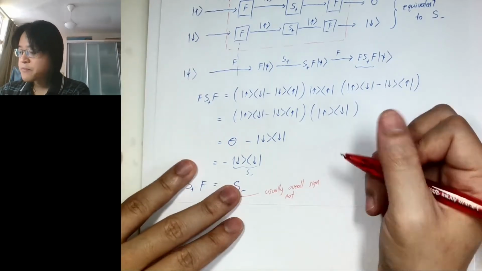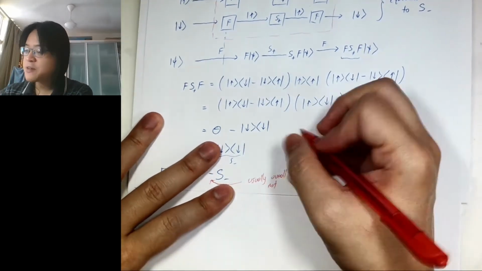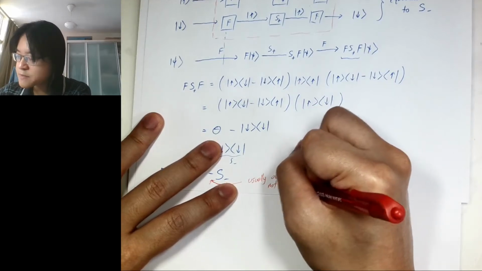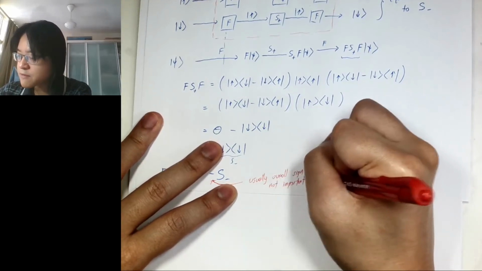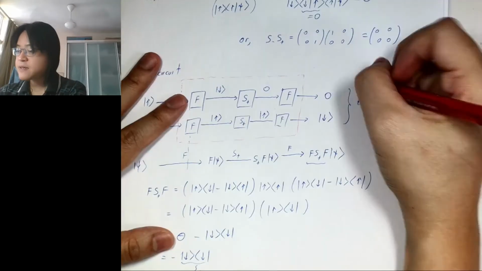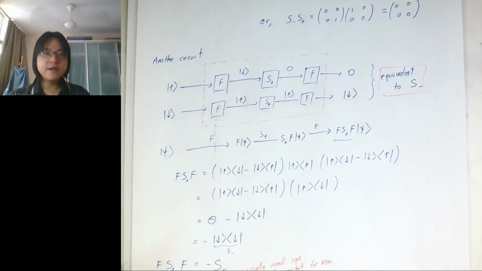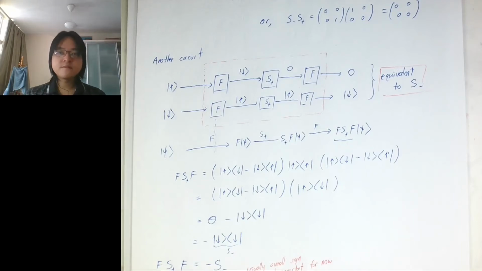So I shouldn't say not important, because there are situations where it's not, but let's put it as not important for now. Because the effect is equivalent to having a down flipper, right?